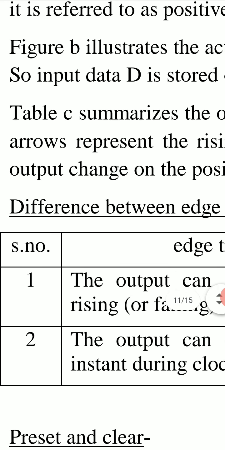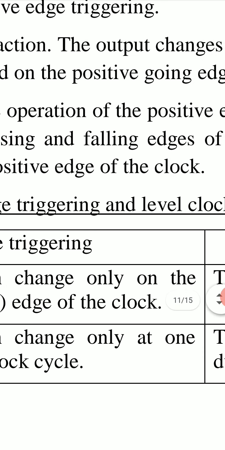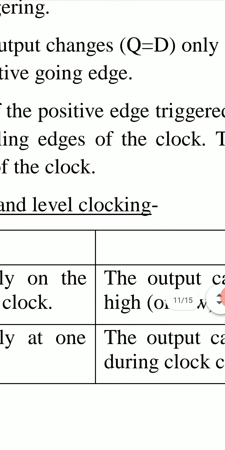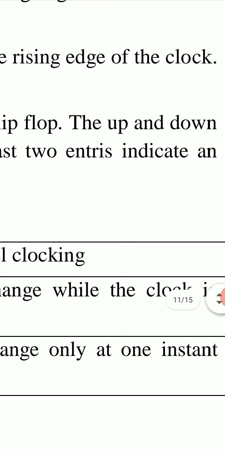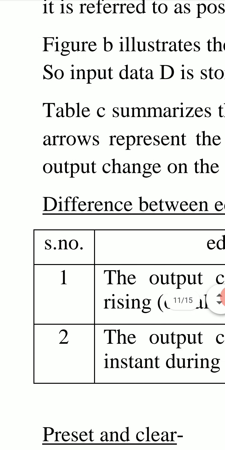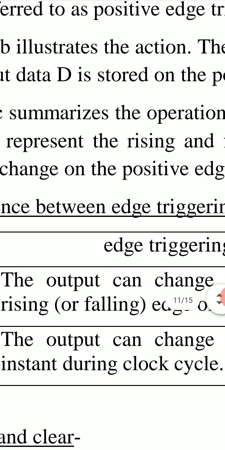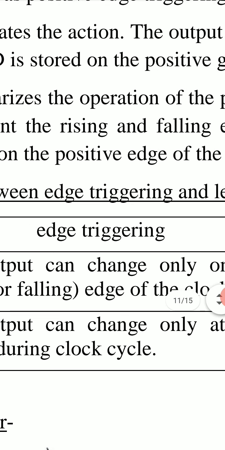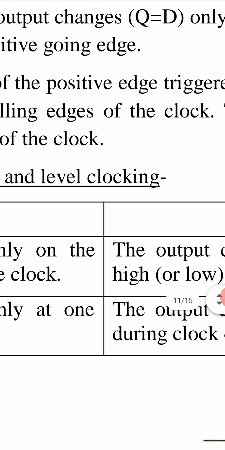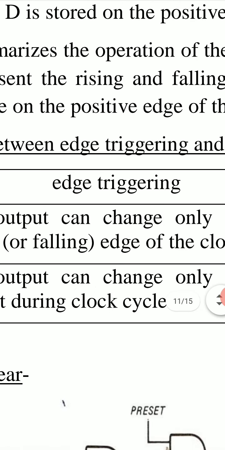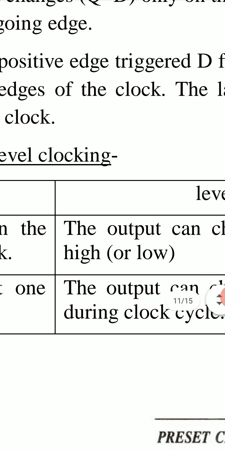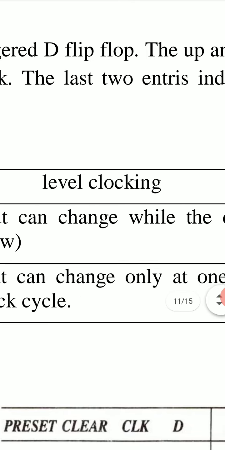Figure B illustrates the action. The output changes, Q equal to D, only on the rising edge of the clock. So input data D is stored on the positive going edge. Table C summarizes the operation of the positive edge triggered D flip-flop.